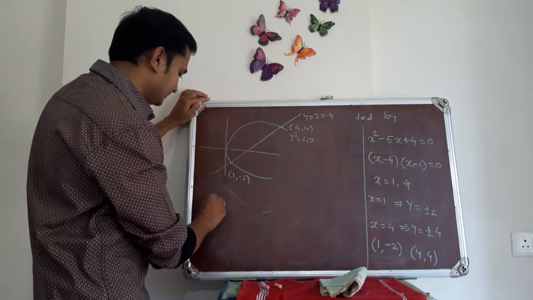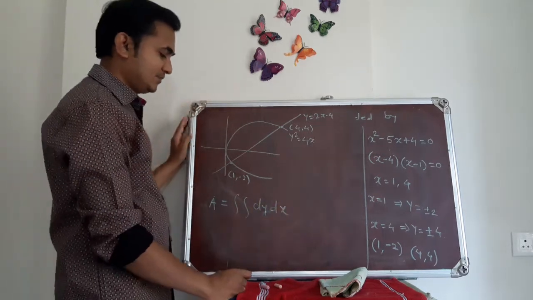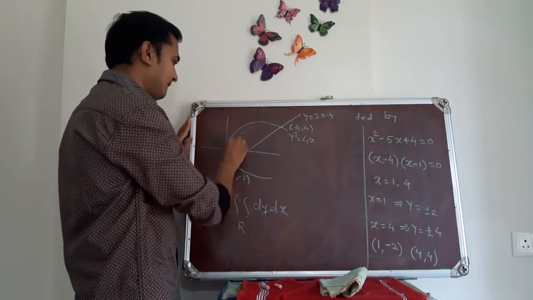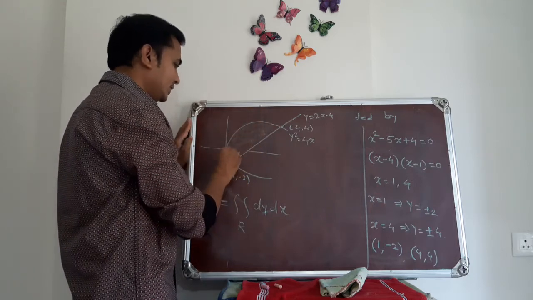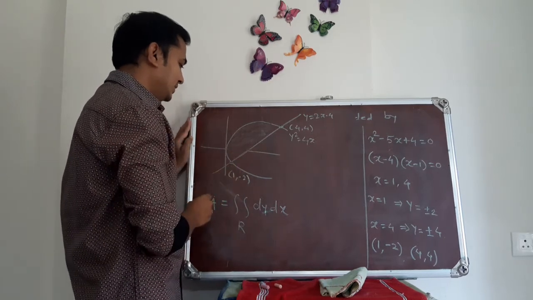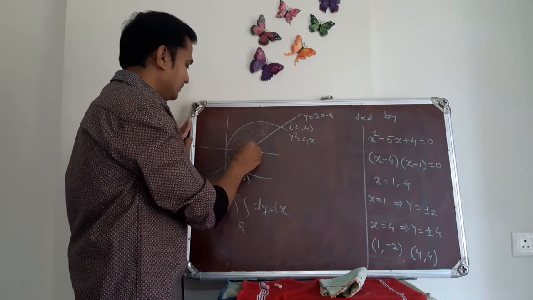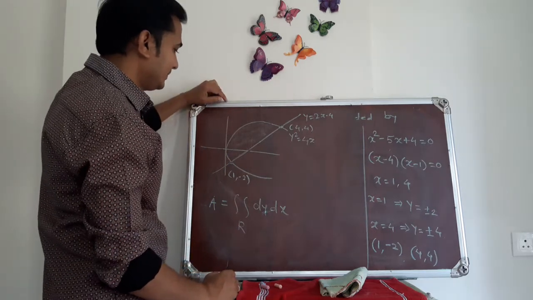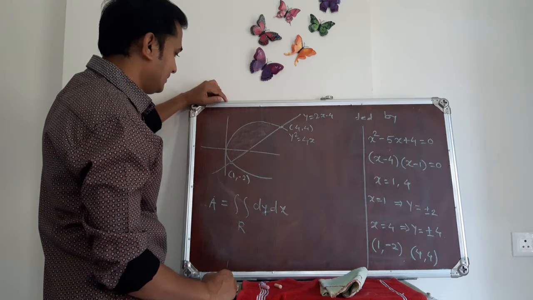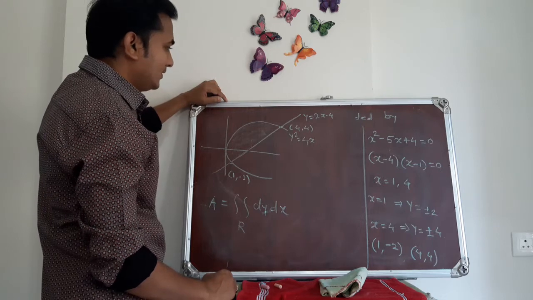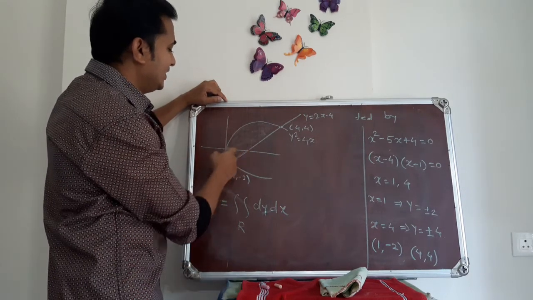A is equal to double integral dy dx over region R. So drawing a vertical strip through the region will not work, because this region is divided into two parts.